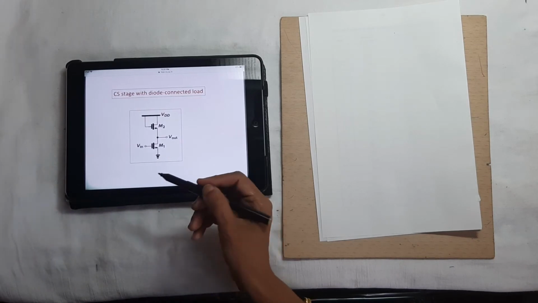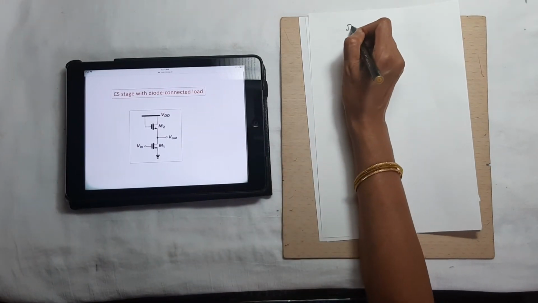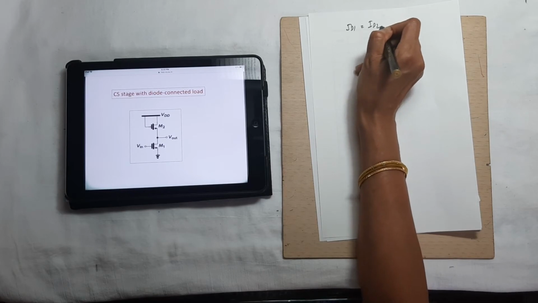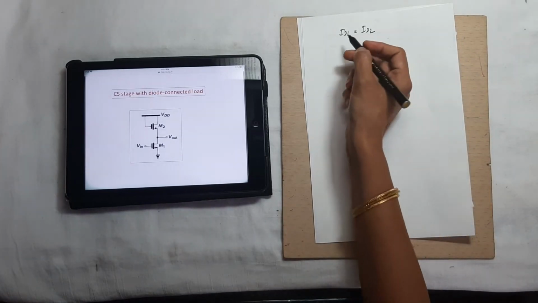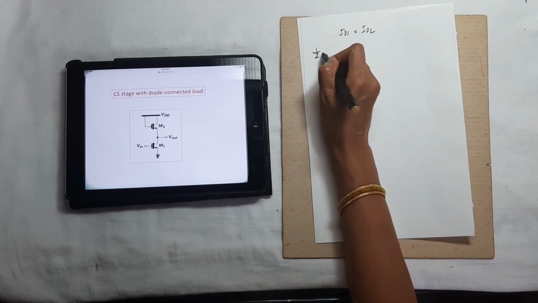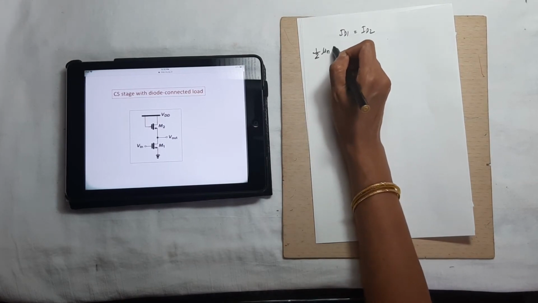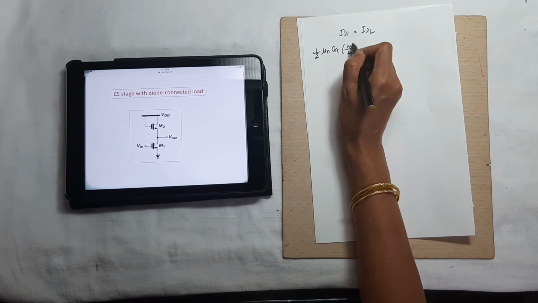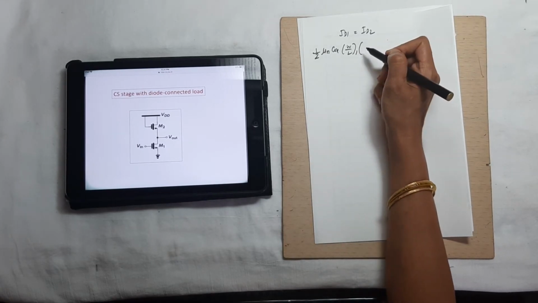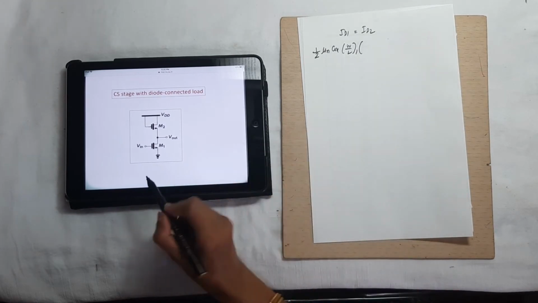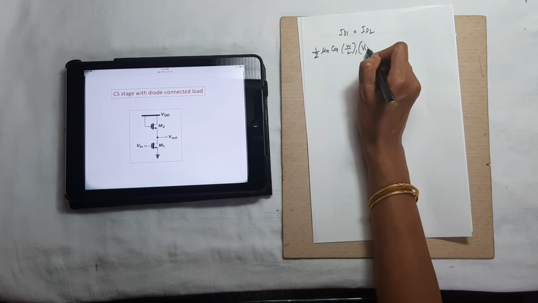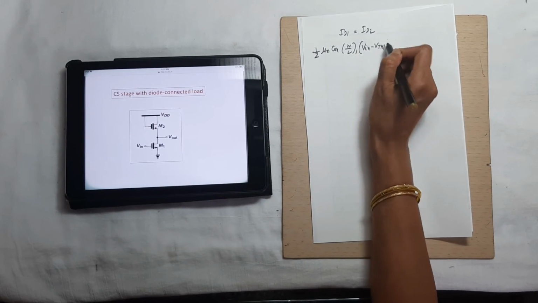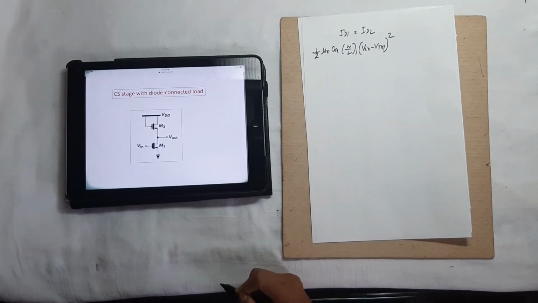It means we can write ID1 is equal to ID2, and write the expression of both the IDs. Half mu n C ox W by L of the first transistor multiplied by VGS minus VTH whole bracket square. But what is VGS with respect to the first transistor? It is Vin minus VTH1 whole bracket square.